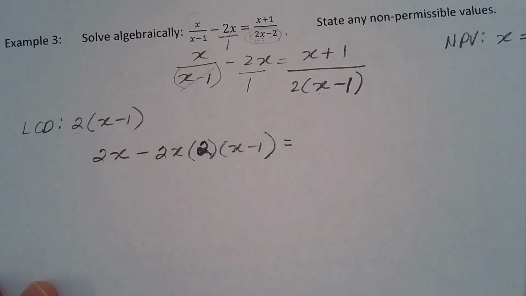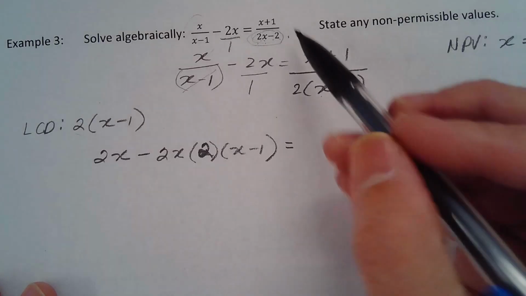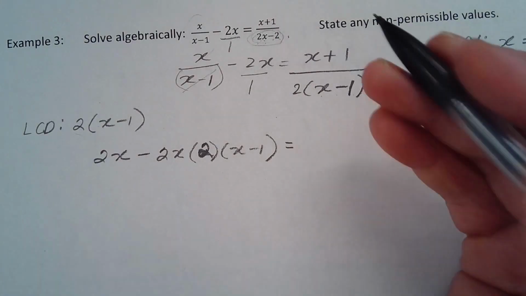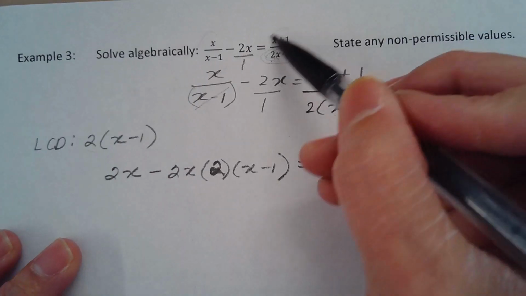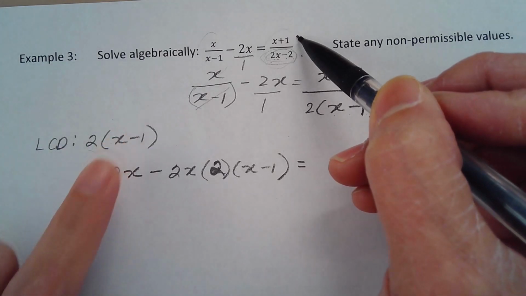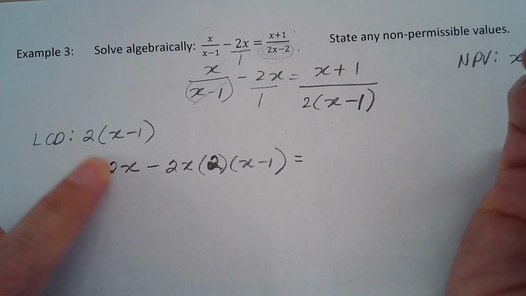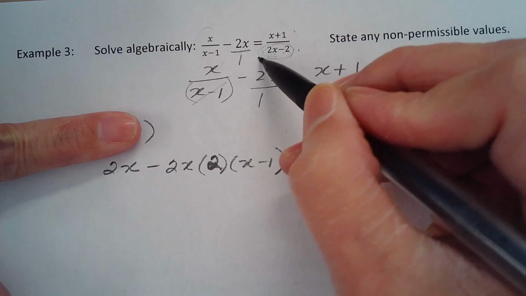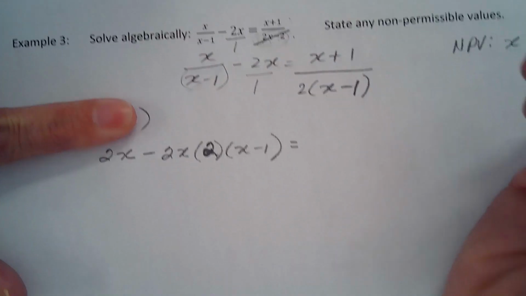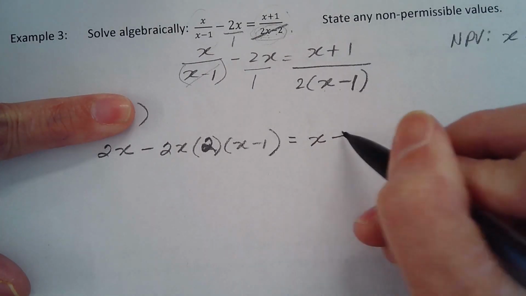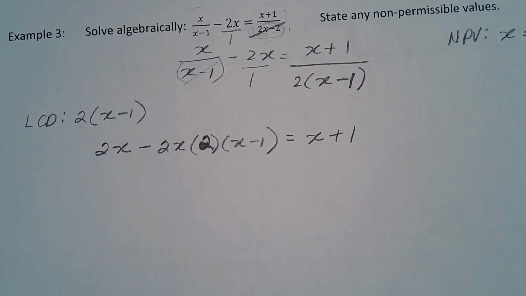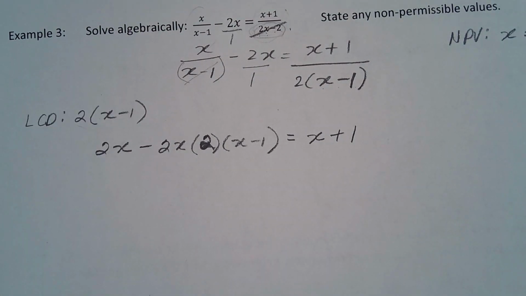Okay. The last one equals to, what does it equal to? So if I take this and multiply by LCD, what's going to be happening? Well, this one will cancel all of that, and then we're just left with x plus 1. Yeah? Okay.